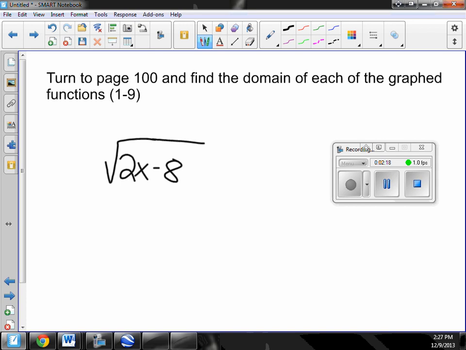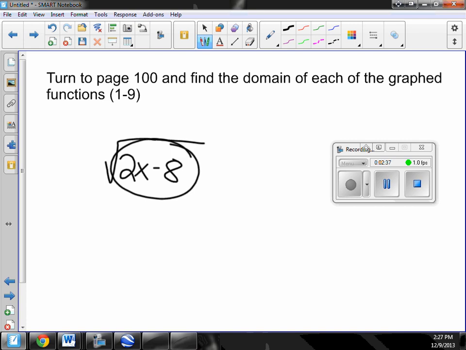Okay, so we could say everything below 4, and we're talking about the domain, so we want to talk about numbers that do work. So all you have to do is say this needs to be 0 or bigger. Everybody agrees? Because the square root of 0 is 0, and that's fine.